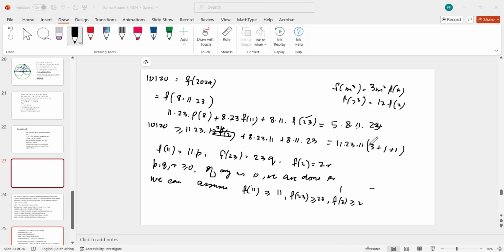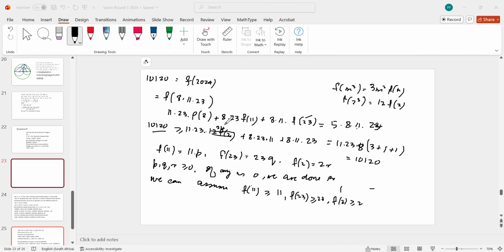And this is, oh, I'm sorry, this is supposed to be 8. And this is exactly 2024 times 5, which is equal to 1,120. Right? So you got 1,120 is greater or equal to 1,120.